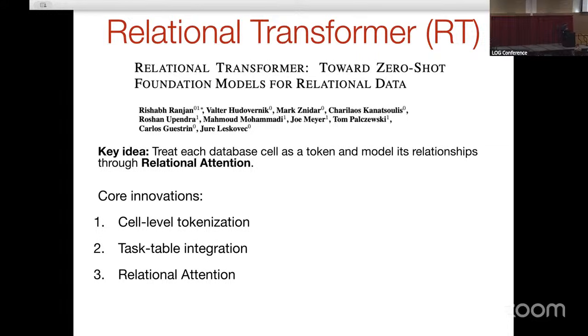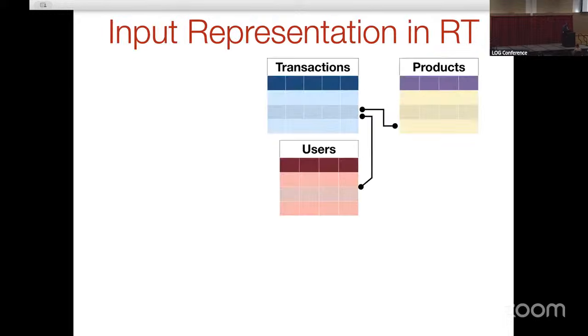The second is the task table integration, meaning that we leverage the auto-regressive labels of a particular node of the database in our modeling and our architecture. And the third is that we introduce a relational attention mechanism, whose goal is to capture the inter-table and intra-table dependencies in the relational database. I'll go one by one to explain these innovations.